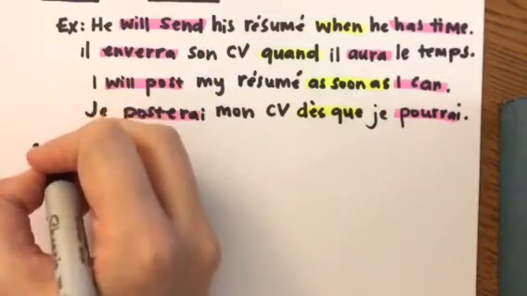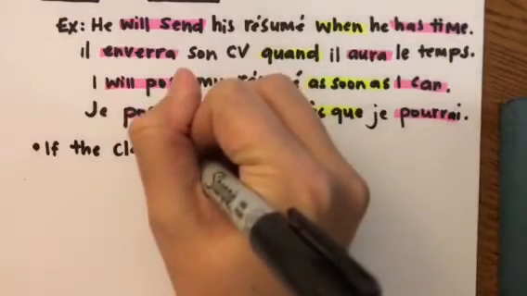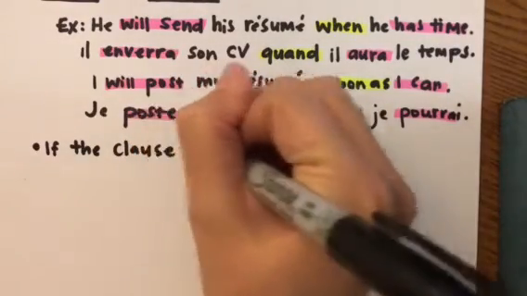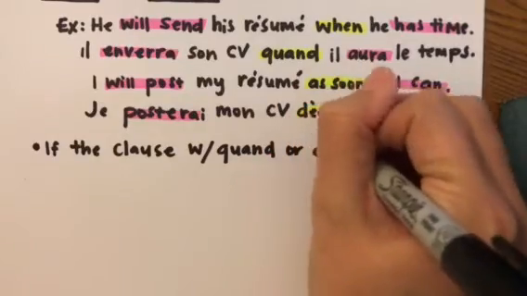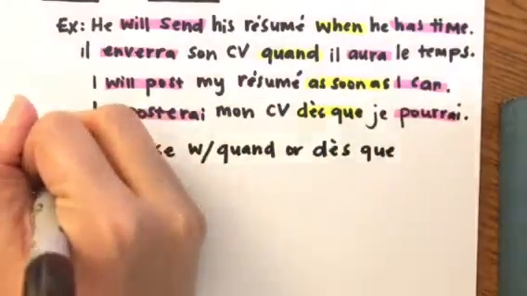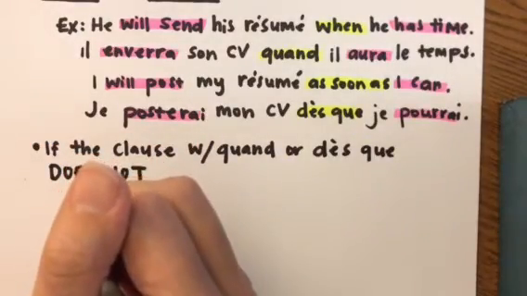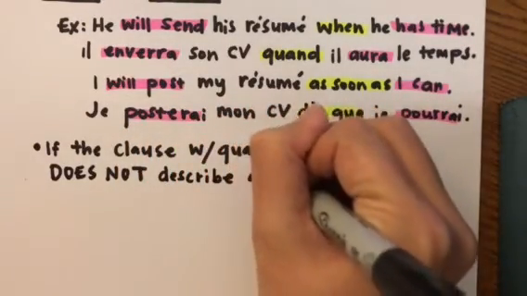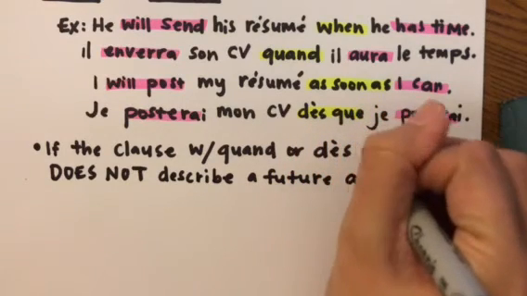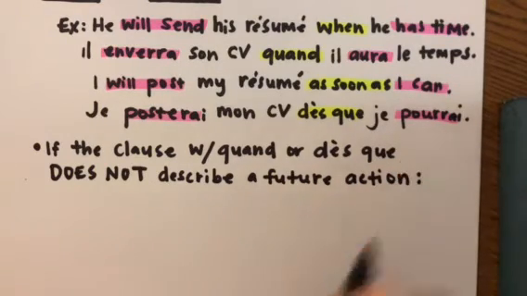Now, if the clause with quand or dès que does not describe a future action, another tense is going to be used for the verb, obviously.